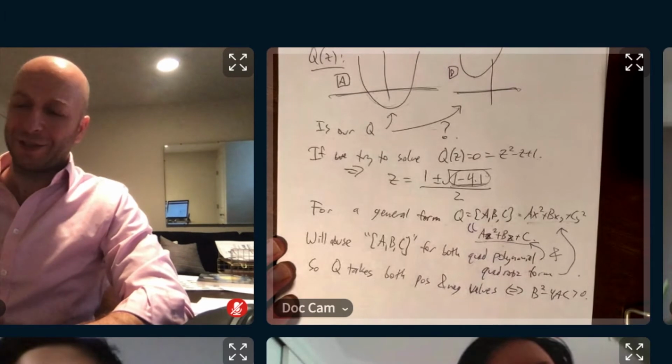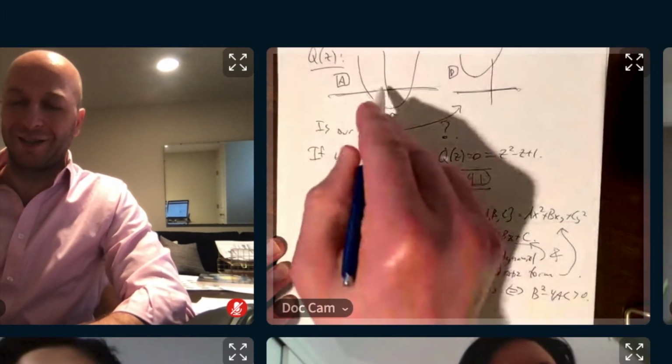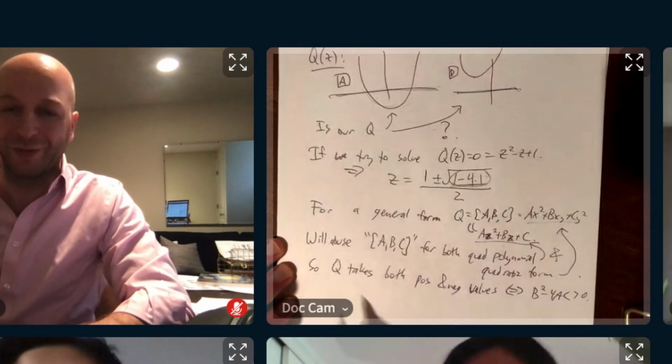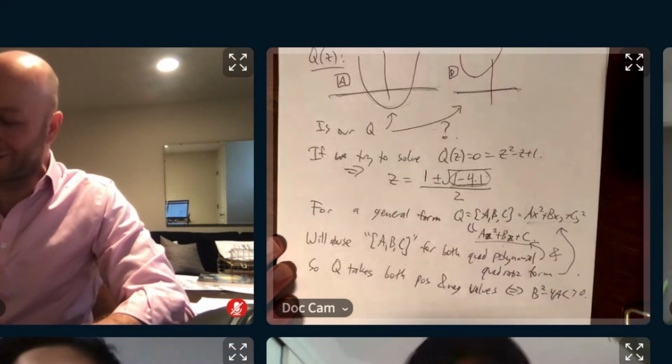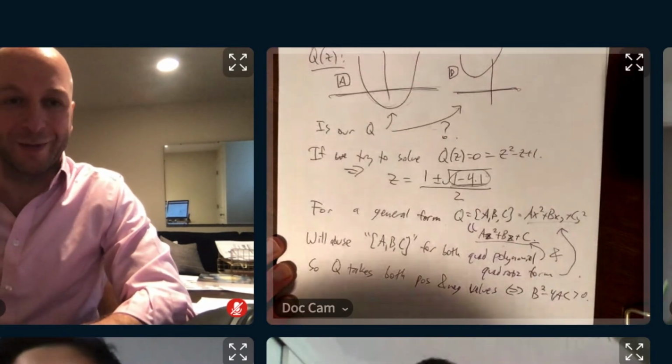We'll deal with what happens if it's 0. If it's 0, then there's a double root, and actually the quadratic form splits. So let's not think about that right now.